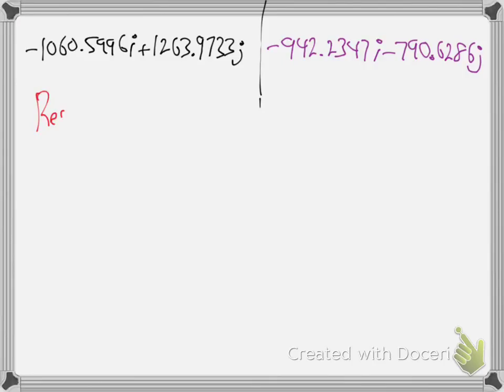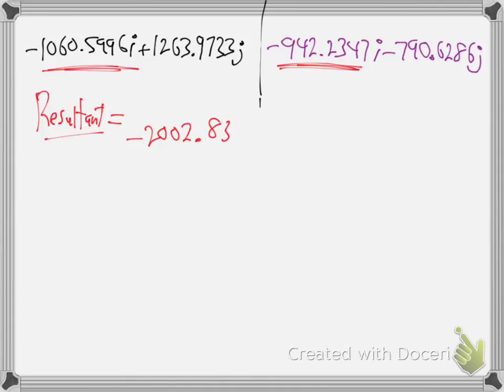So the resultant vector, this and this, you add the two i's, which are two negatives, so they're just going to add up. I'm getting negative 2002.8343 i.